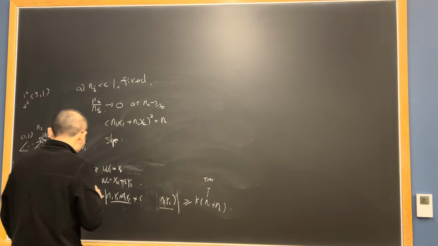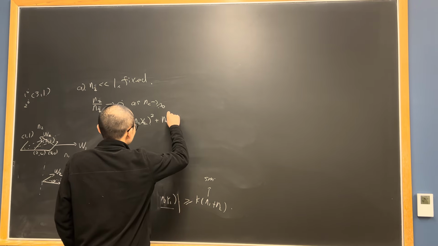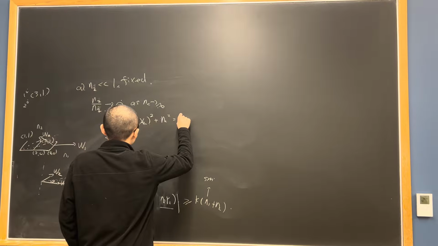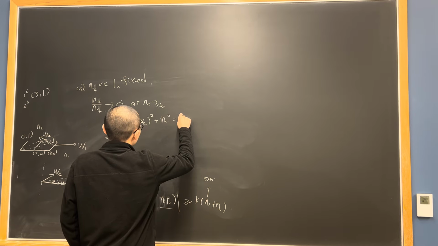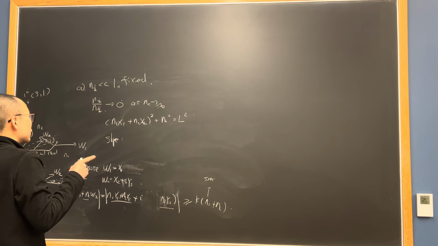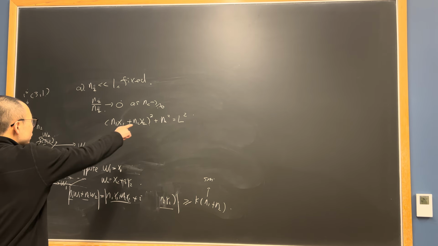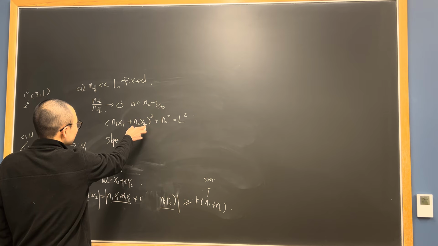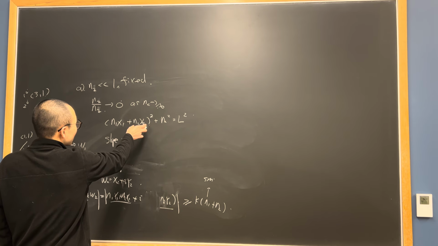So plus n2 squared, which is equal to the hypotenuse, let's say L squared. So this is a fixed number, and then we increase.